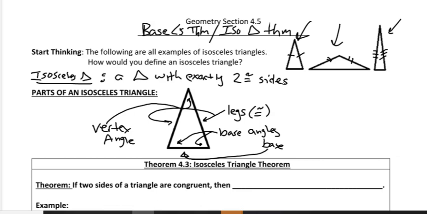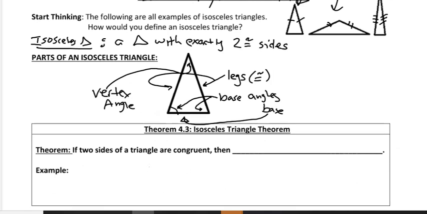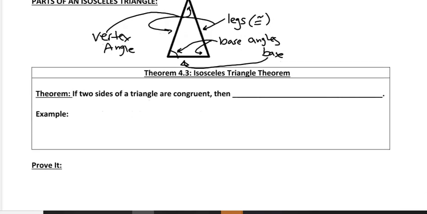So if I'm talking about the vertex angle, you need to know the vertex angle is the one between the two congruent sides. The base is the side that is not congruent to anything else, and the base angles, as you can see, are right here. So what in the world does the isosceles triangle theorem say?